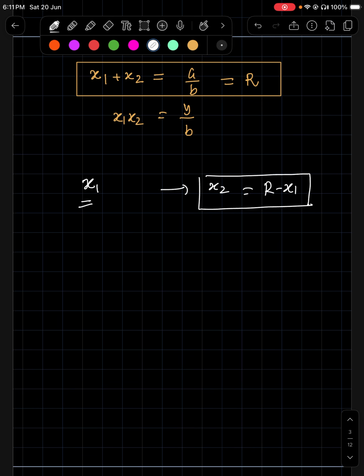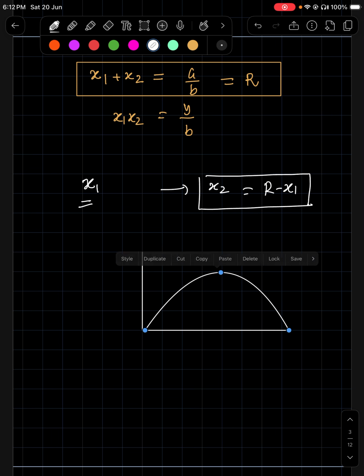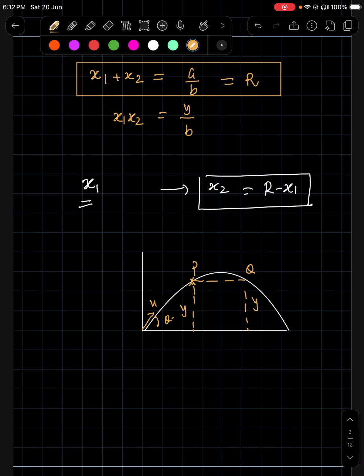So the next thing we are going to discuss is when the projectile can reach the same height twice, at two moments. Suppose the projectile is thrown with an initial velocity u at an angle theta, and it can reach this point P at a height y, and Q at the same height y, in two moments.